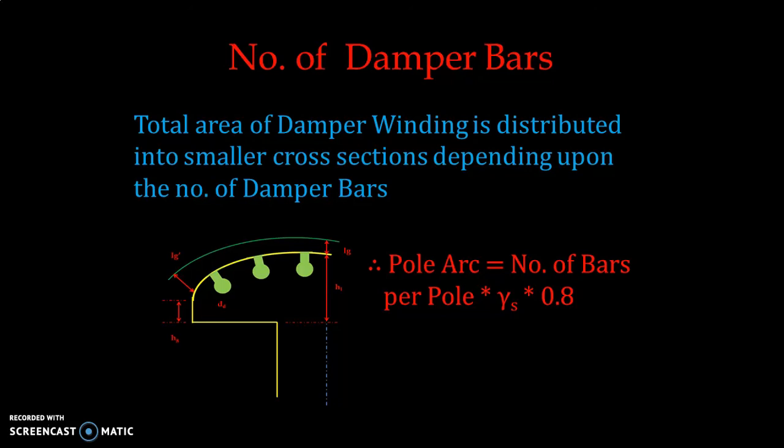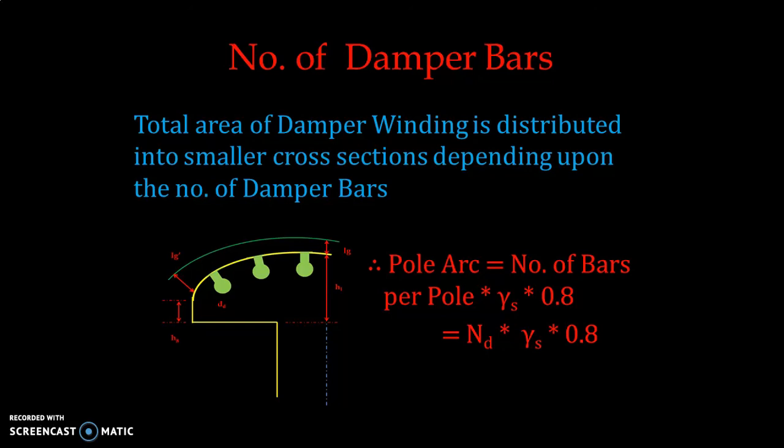So our pole arc is equal to the number of bars per pole multiplied by the slot pitch of the stator and multiplied by 0.8. From this equation the pole arc is known, and ultimately we can calculate ND. ND is the number of damper bars multiplied by gamma S and multiplied by 0.8.